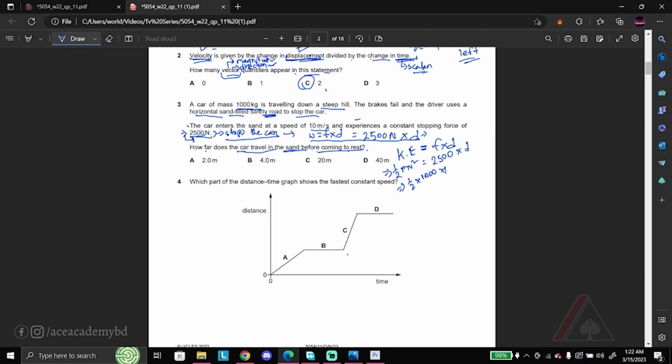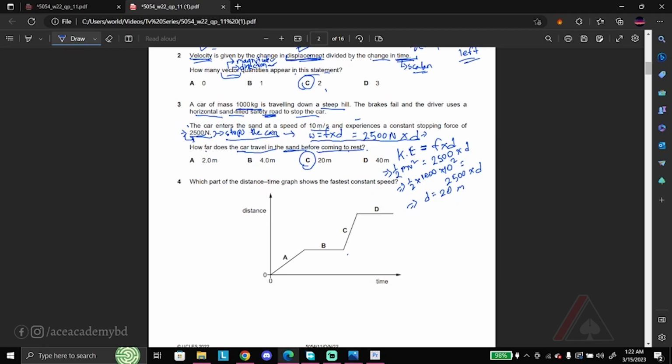Half into 1,000 into 10 squared is 2,500 into d. Now if you equate this, the d will be 20 meters, I think. Yeah, this 20 meters. So this would be our answer.